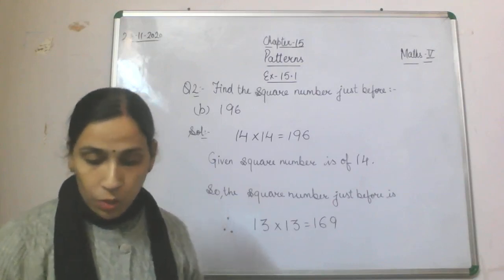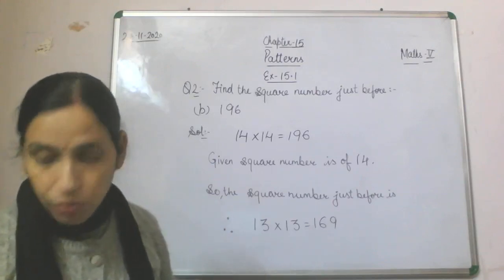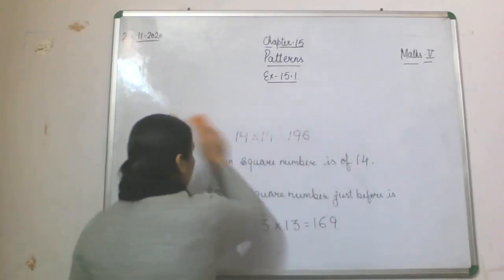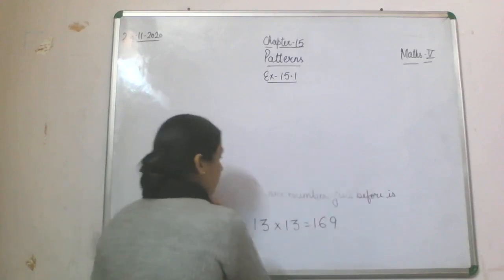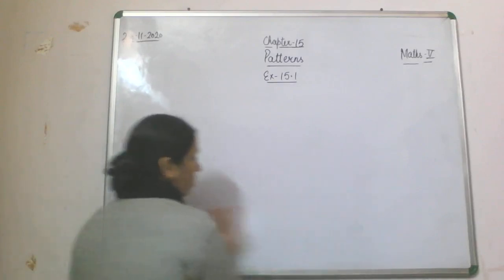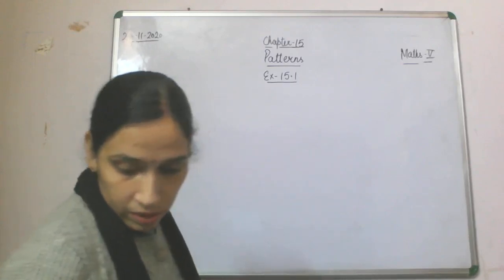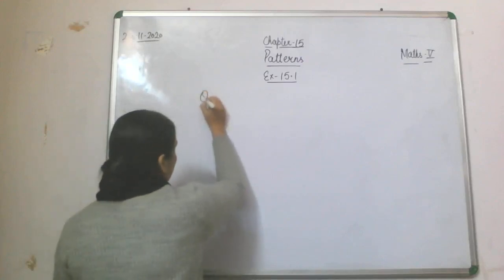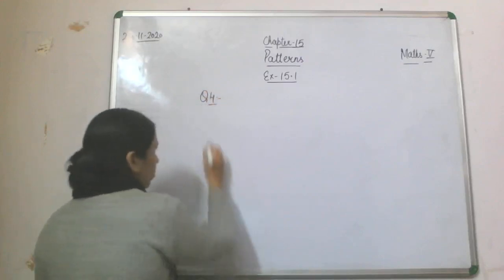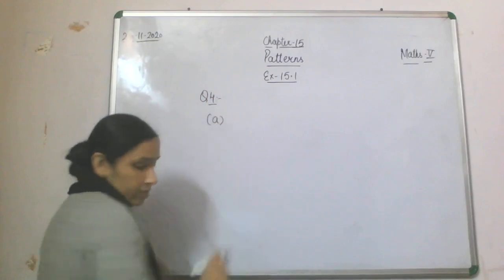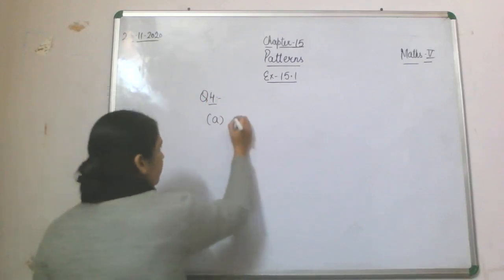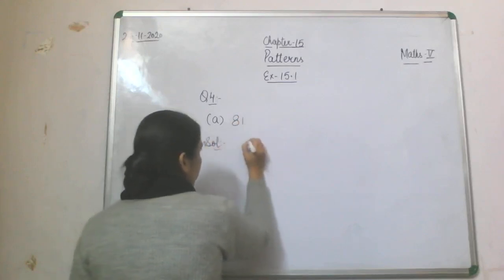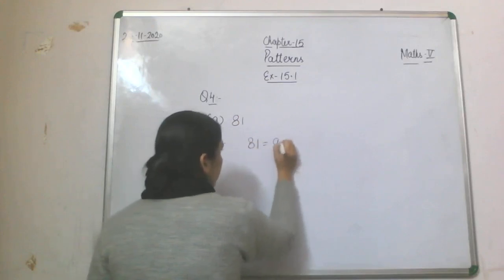Now question number 4, express the following square number as a sum of consecutive odd numbers. A is 81. We all know that 81 is equal to 9 multiplied by 9.